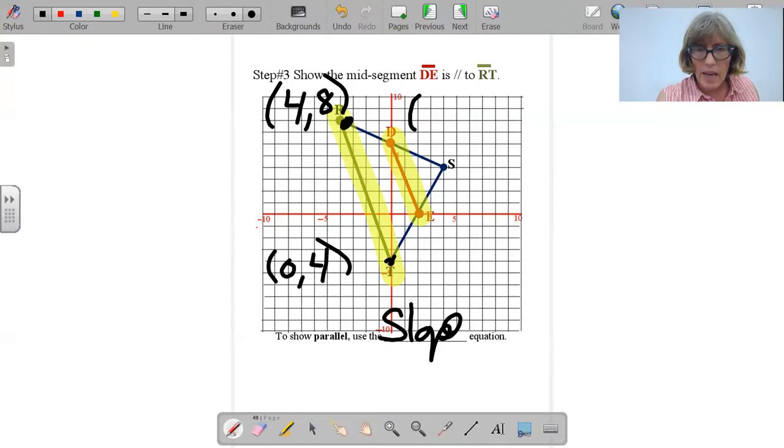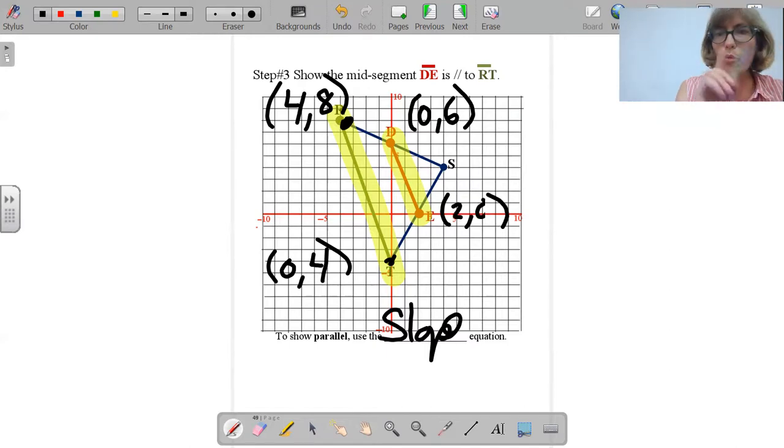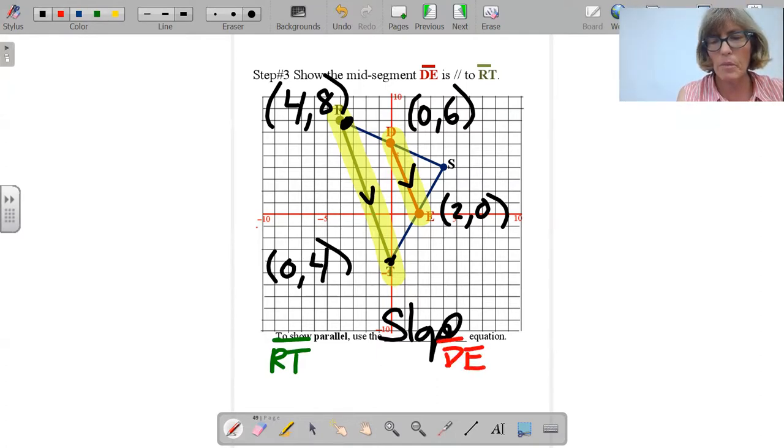D is at 0, 6. And E is at 2, 0. So now we're going to find and prove that they are parallel to each other using the slope equation. So we have to find the slope of RT, and we have to find the slope of DE.